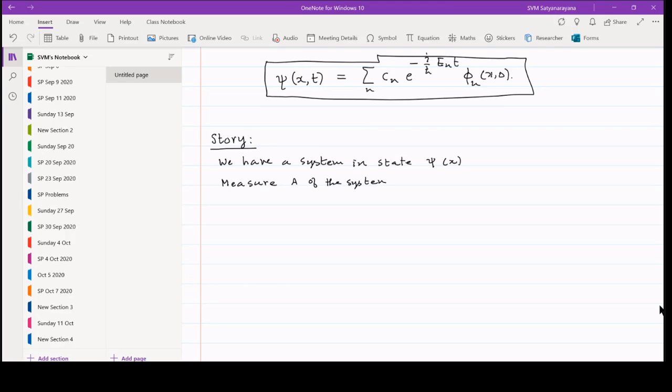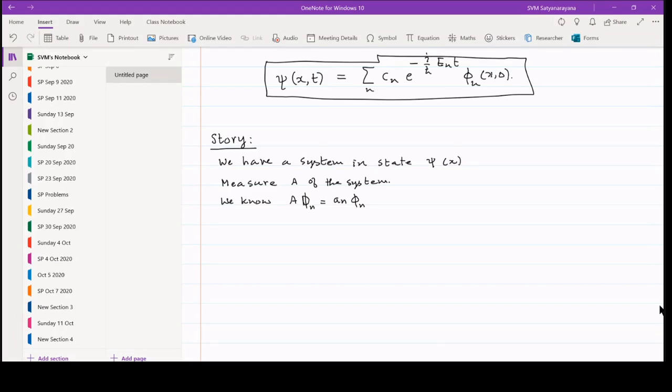Now let us try to describe this process. We know that A phi n, I'm just suppressing all these x, is equal to A n phi n.